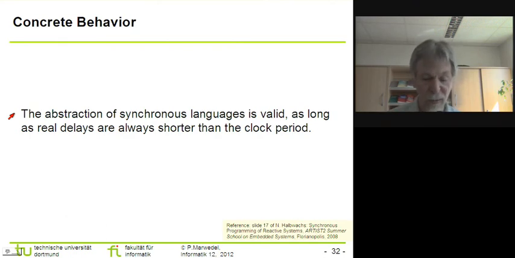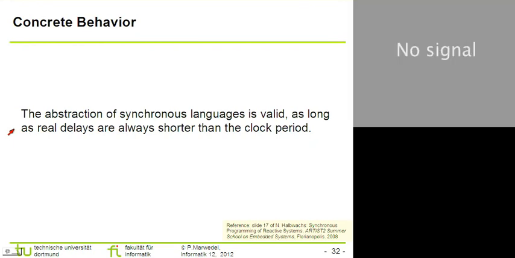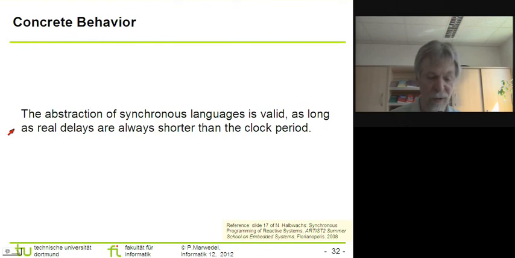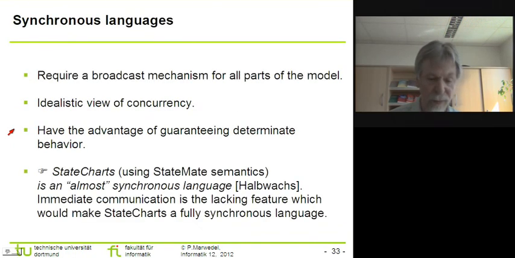In order for this abstraction to be valid, we have to prove that the real delays are always shorter than the clock period. So we are using this two-phase design in order to free ourselves from the consideration of actual times during the first step.